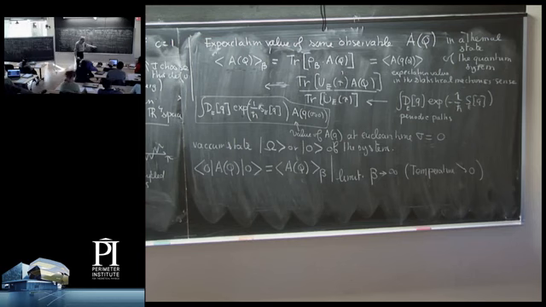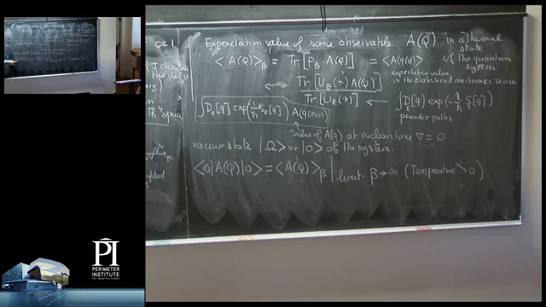And therefore, the expectation value of a quantum observable in the vacuum or in the lowest energy state of the system is simply obtained by taking this ratio of these two observables.